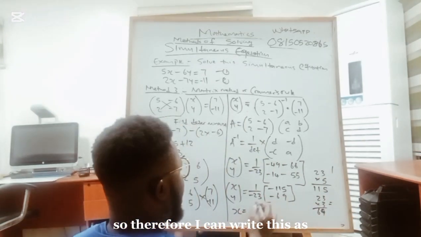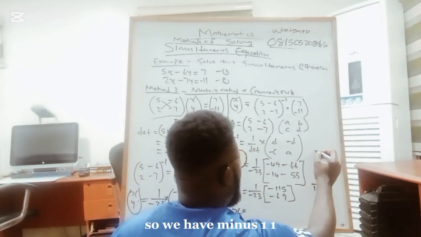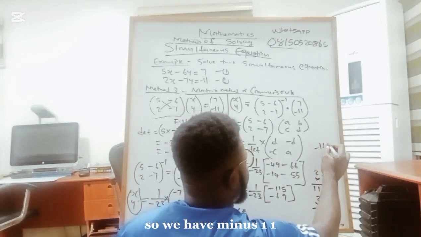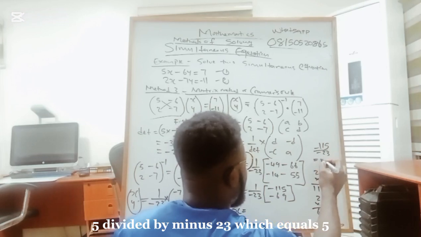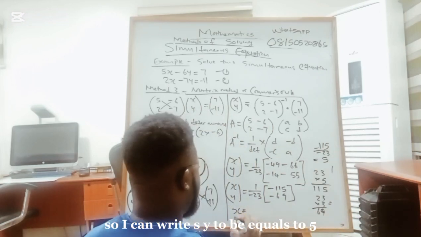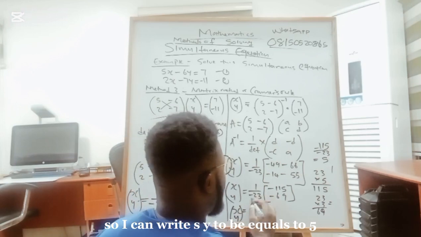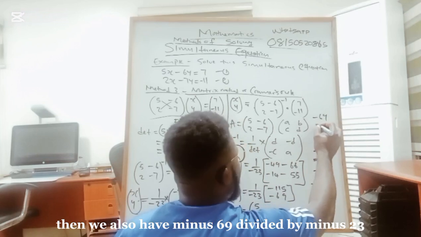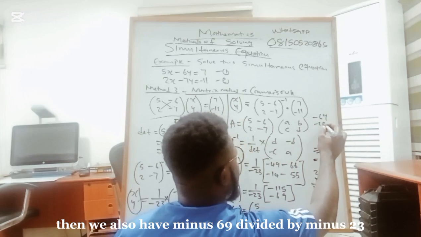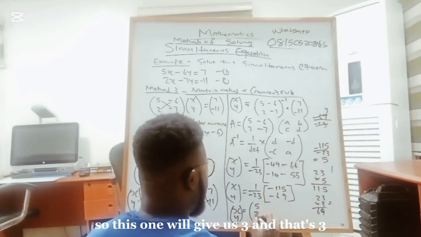So therefore, and don't forget this minus, because we are dividing, we have minus 115 divided by minus 23, which will give us 5. So I can write x to be equal to 5. Then we also have minus 69 divided by minus 23. So this one will give us 3, and that's y equals 3.